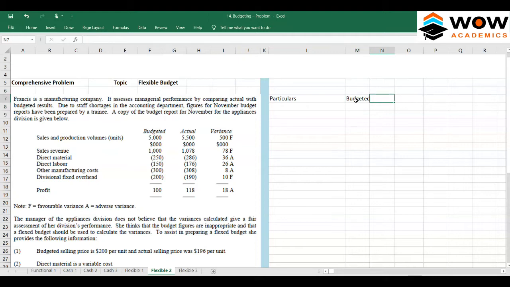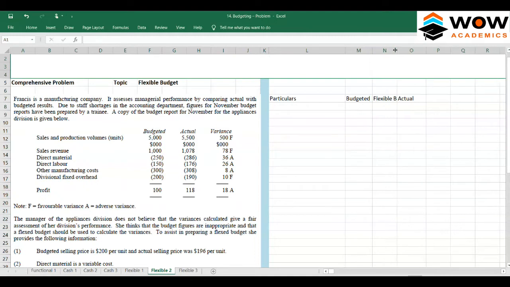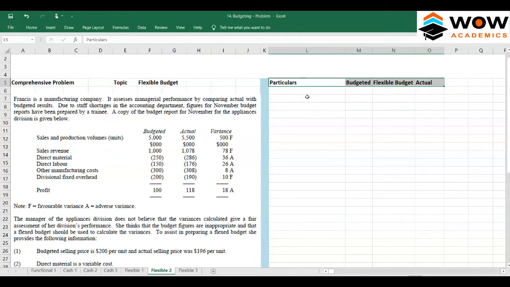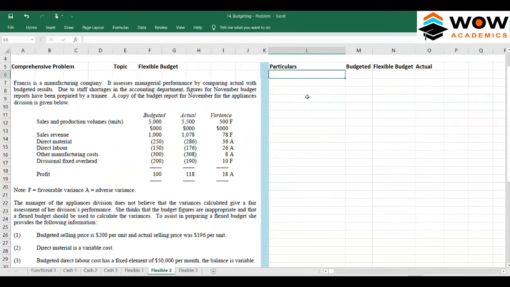So budgeted, flexible budget, actual. So this sum has to be worked out in a lot of working notes.